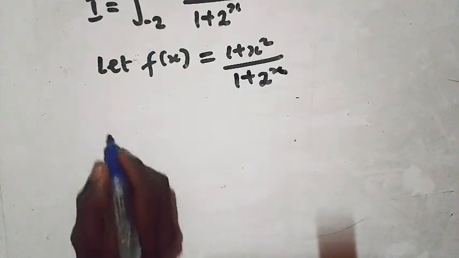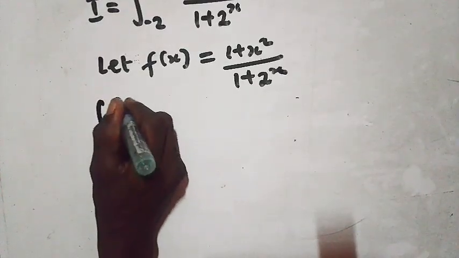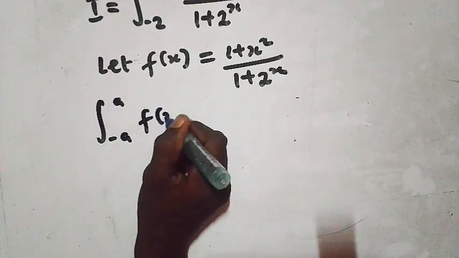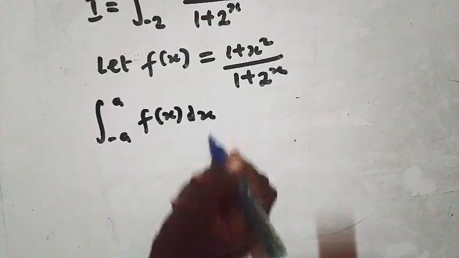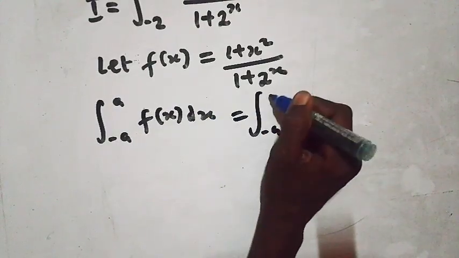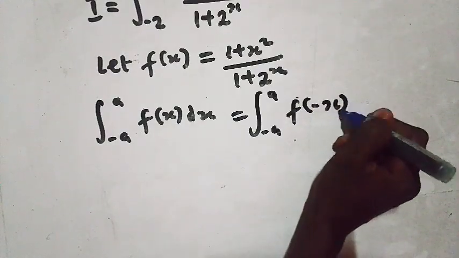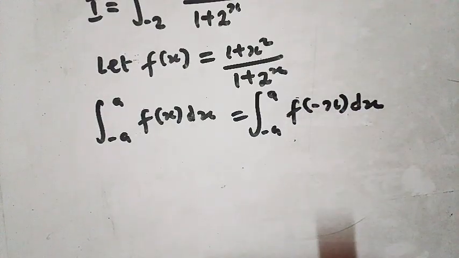Using the property of a definite integral from minus a to a of f of x dx, this will result to the integral from minus a to a of f of minus x dx.